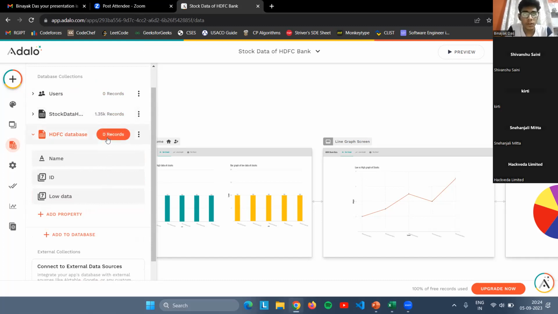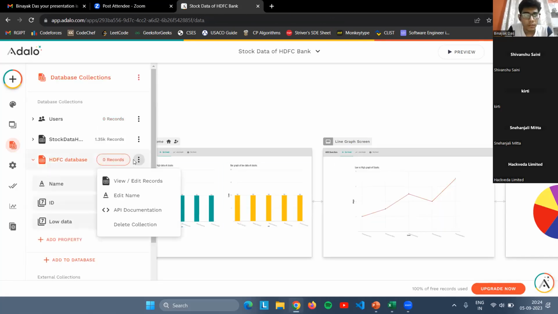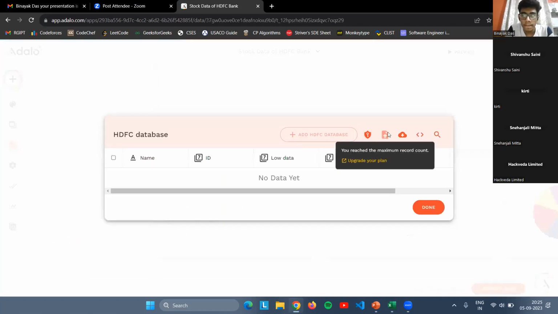And we just have to click on this record button. Okay, looks like I have reached the maximum record count, but this is the button which helps us to import the data from the CSV file to the Adalo database.